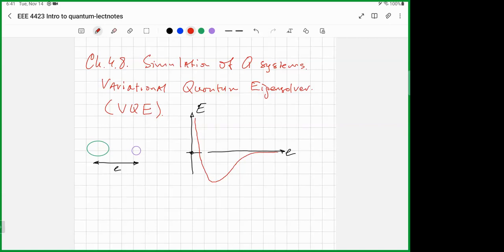The zero when they are set apart, then the negative energy that corresponds to the bounded state of the molecules, and of course this energy grows if we bring one part of the molecule to the rest.